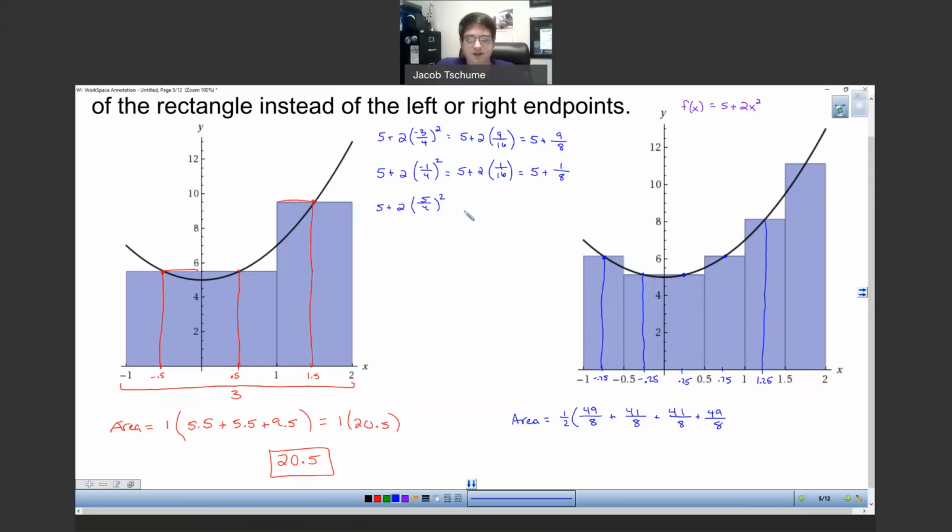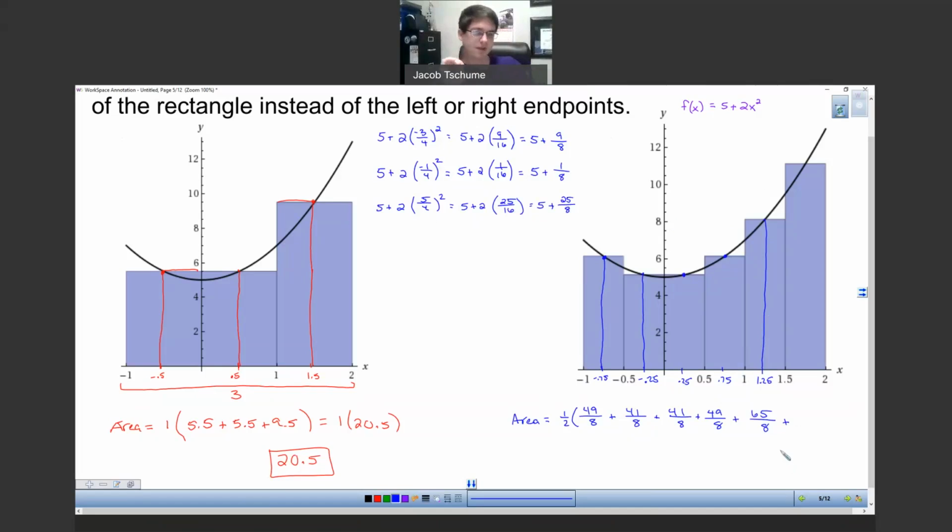If I plug that into the function, which is 5 plus 2 times 25 over 16, which is 5 plus 25 over 8. And if you were to put those together, that would be 65 over 8. See, it can get a little tedious.